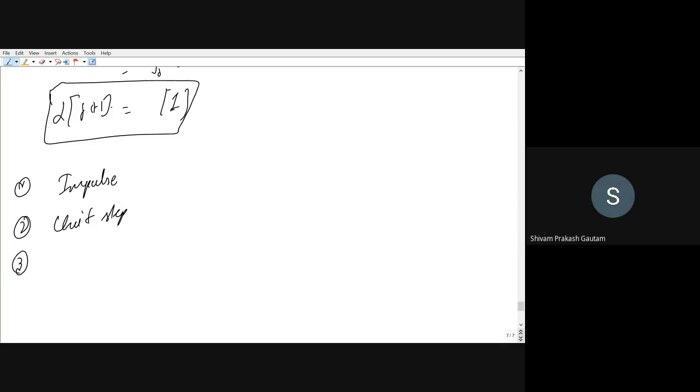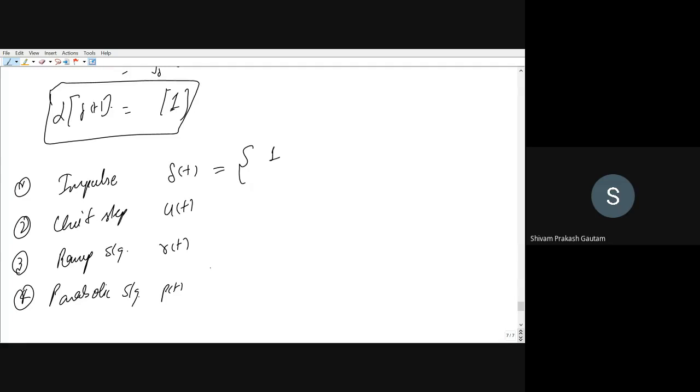The third one is the ramp signal. The fourth one is the parabolic signal. And how do we denote these? They are denoted by del t, u t, r t, and p t.